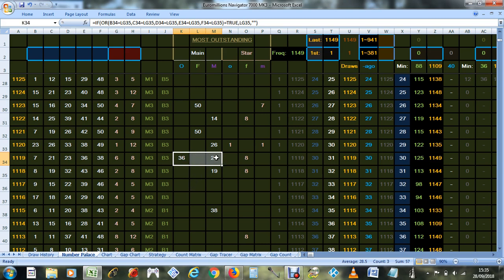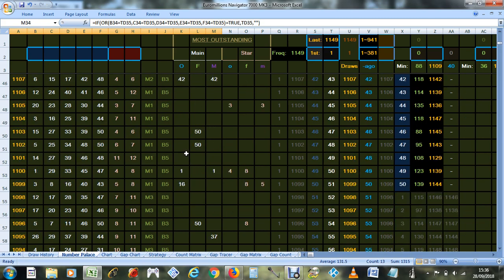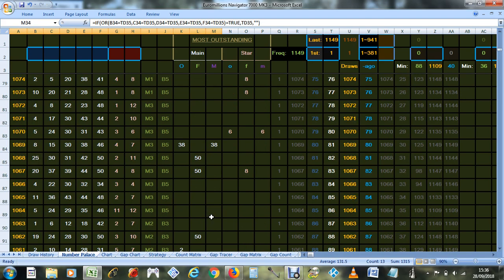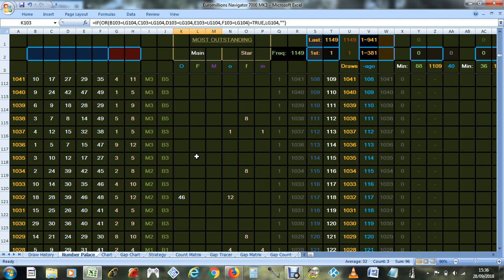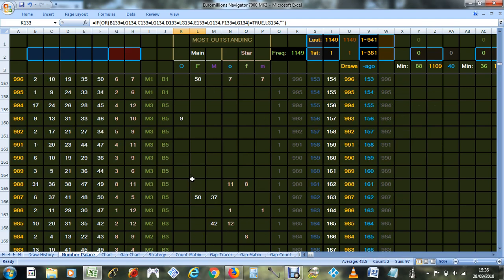So the most overdue and the most overdue for its frequency, that occurred in draw 1119. It occurred in this draw as well, 1050, and again 1020.